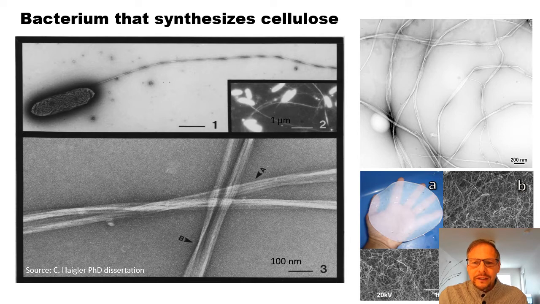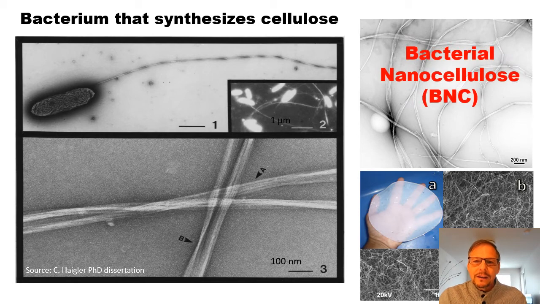After removal of the nutrients and after cleaning the proteins derived from the microorganism, you get a very whitish material, the one that this person is holding in his hand. Those celluloses that you see here, we can call bacterial nanocellulose. So from now on, I will refer to BNC, that is bacterial nanocellulose.